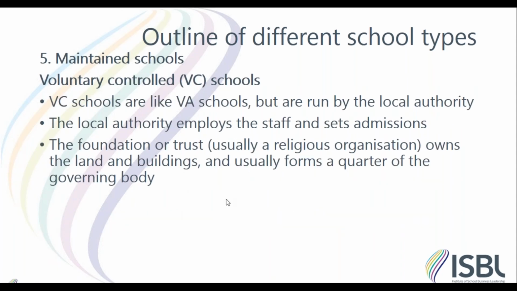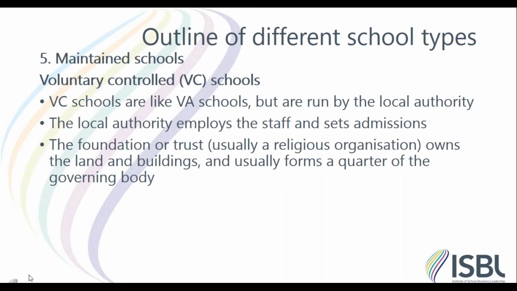The next type of maintained school is known as a voluntary controlled school. VC schools are like VA schools, but are run by the local authority. The local authority employs the staff and sets the admissions. The foundation or trust owns the land and buildings and usually forms a quarter of the governing body.